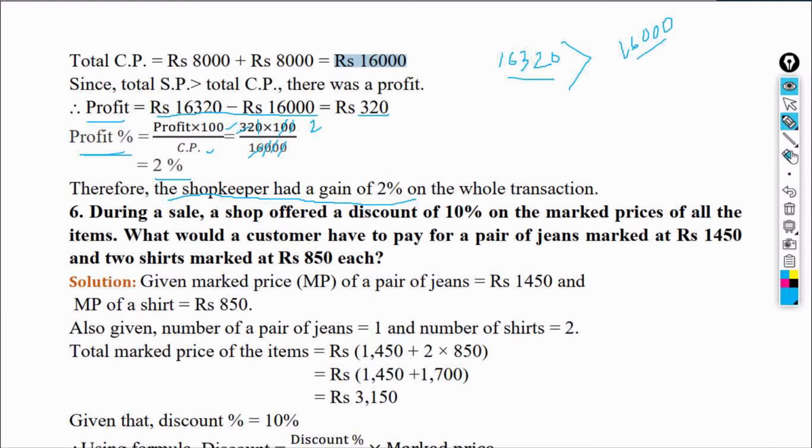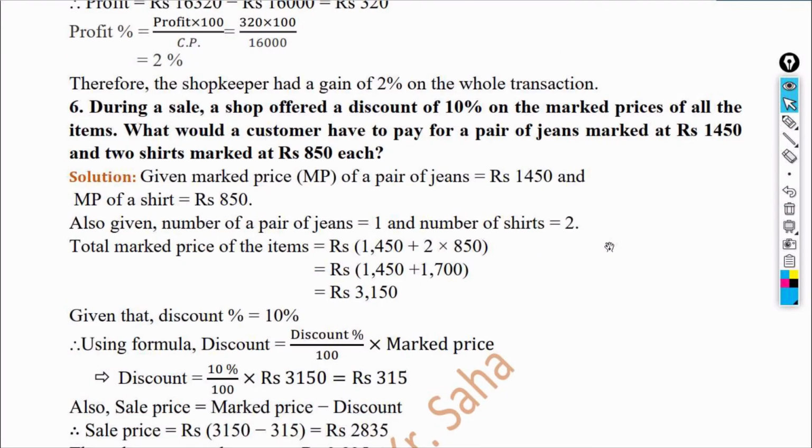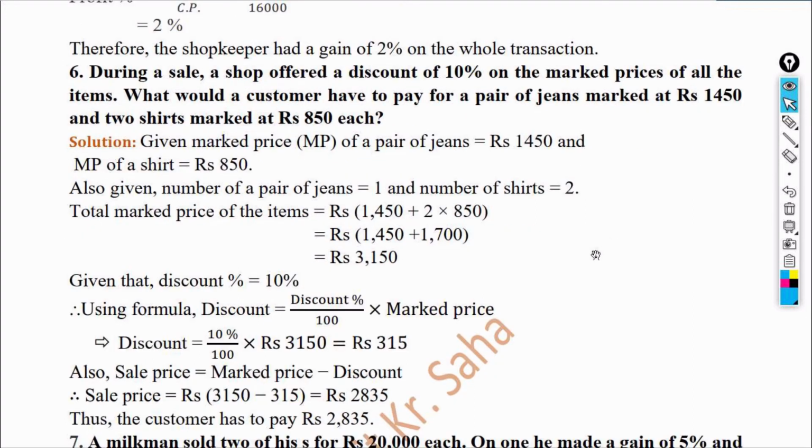Now let us come to the next question, and that question is more important. Let us see. First of all, read the question. Question number 6. During a sale, a shop offered a discount of 10% on the marked price of all the items.